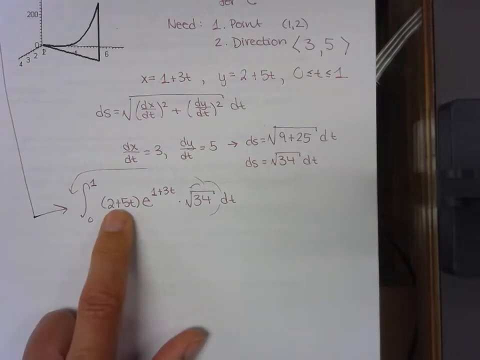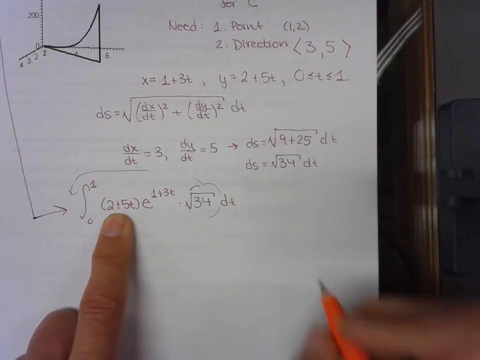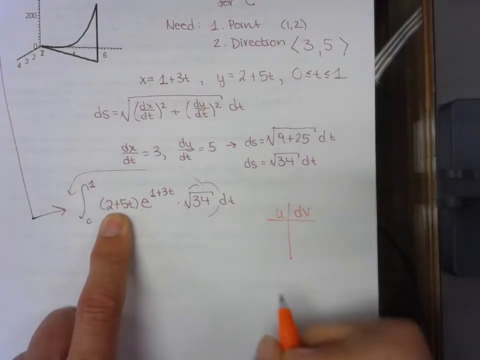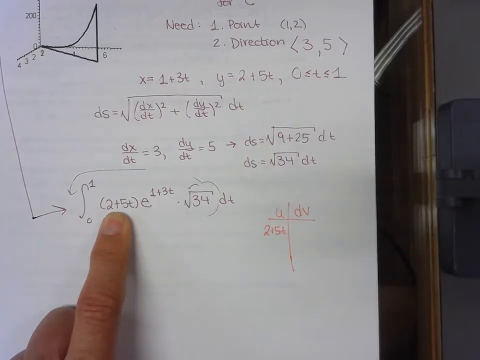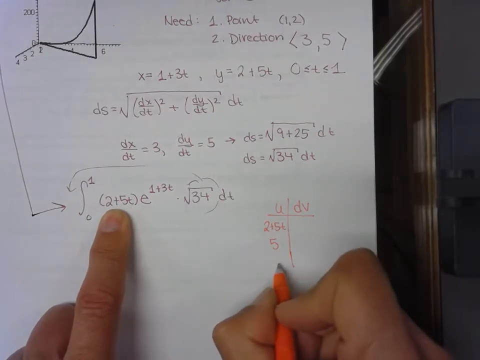Because if this is my u, I will eventually get to 0 when I take derivatives. So my u is 2 plus 5t, and then when I take the derivative of that, I get what? 5, and then when I take the derivative of 5, I get 0.